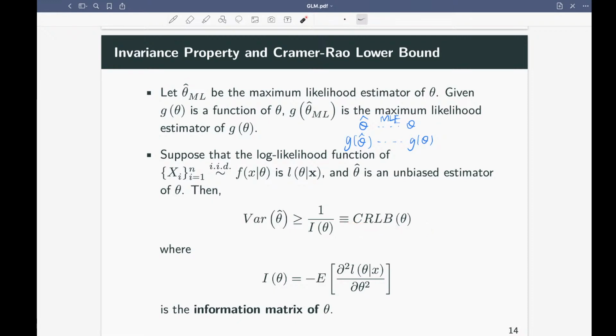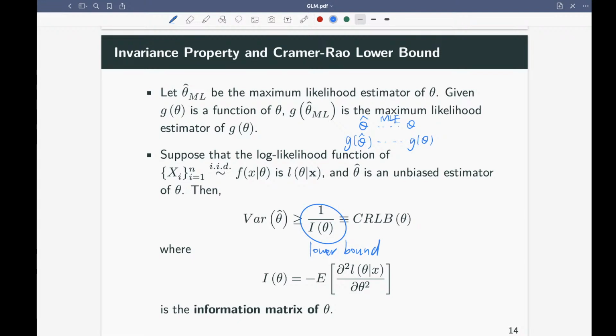Okay, so this is a lower bound of the variance of the theta hat. It's a lower bound.